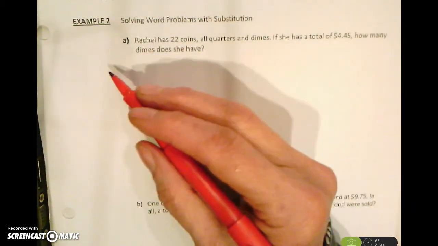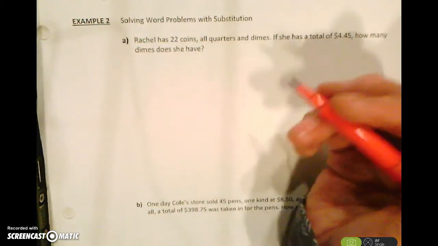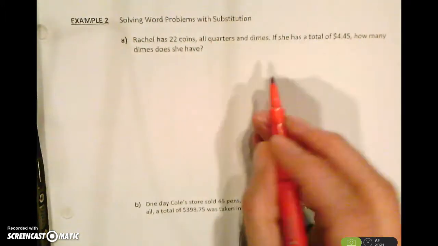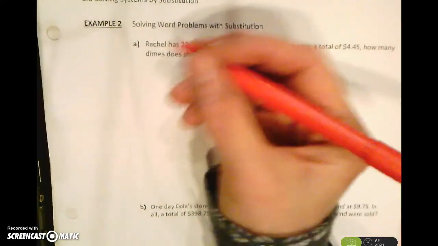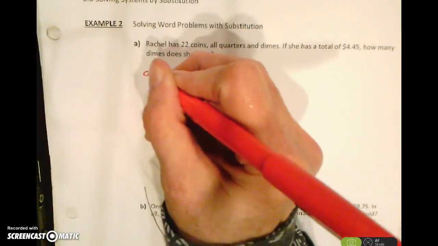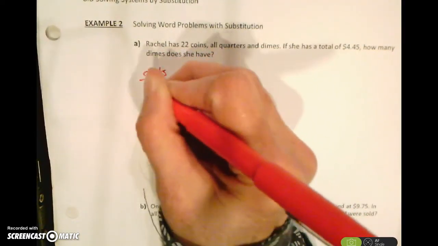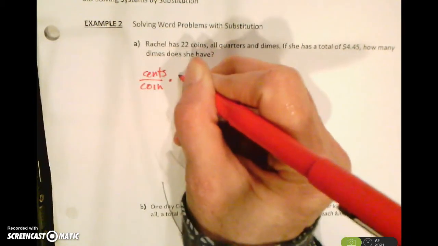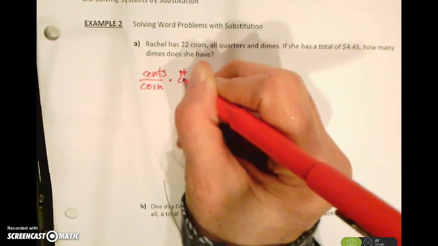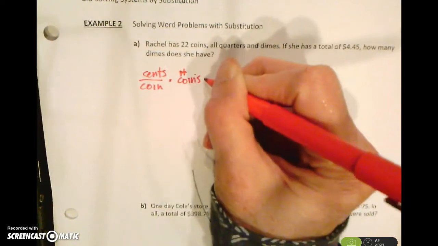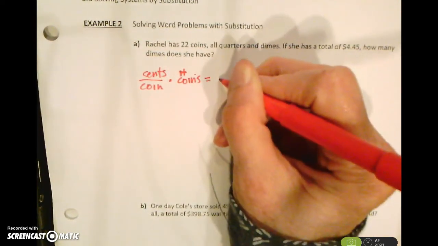I'm going to use a chart because it helps you organize your information. So on this one, I'm going to have cents per coin, and times the number of coins, and that's going to be equal to total cents.